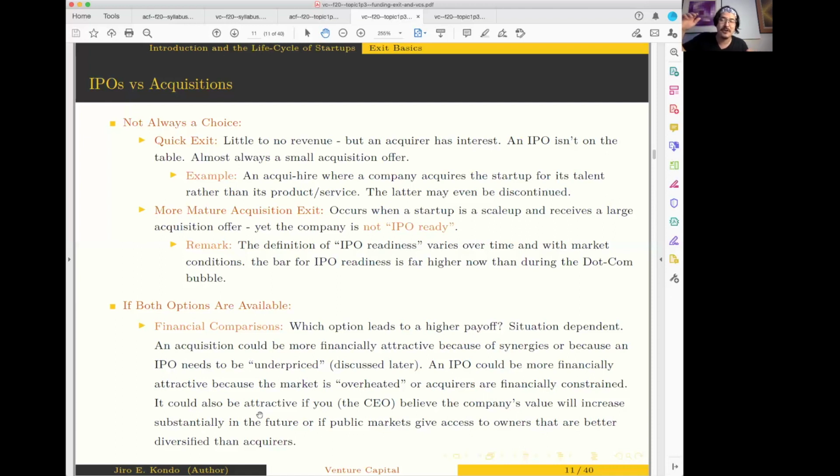Systematically different now than it used to be in the late 90s, early 2000s, right? But once you're mature enough that you've crossed that IPO ready threshold, then it's a choice. And then the question is, what governs that choice, right? If both options are available, what are the things you consider when you decide acquisition versus IPO, right?